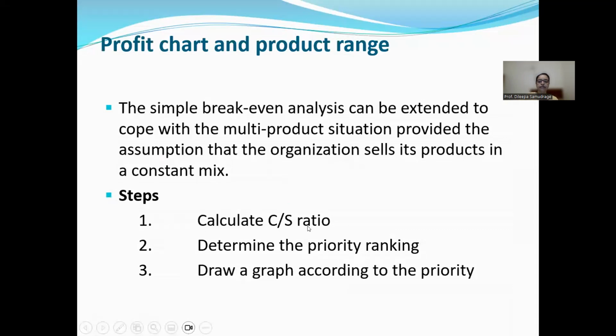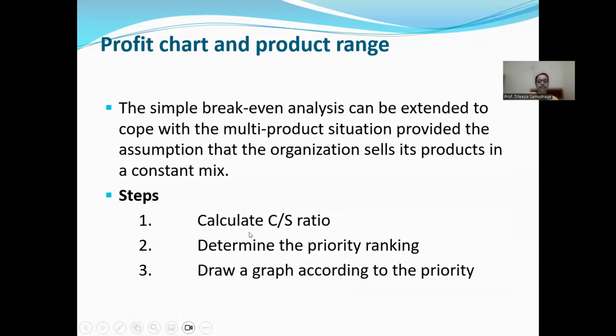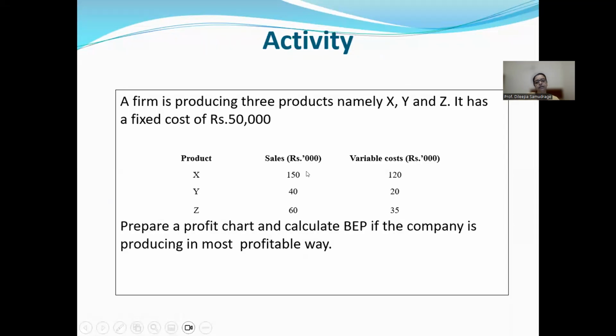First you have to find out the contribution to sales ratio. You have sales and variable costs, so you can easily find out the contribution, then find out the CS ratios, and tell me.